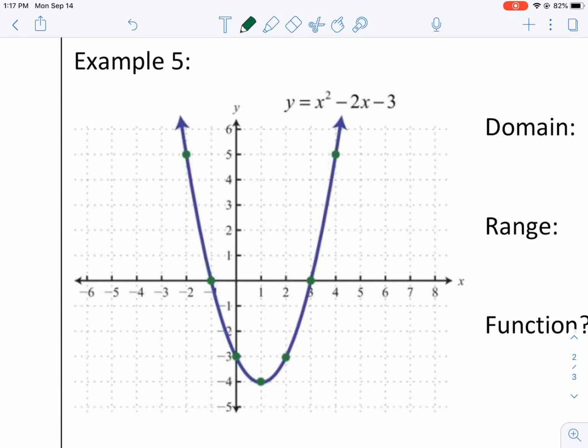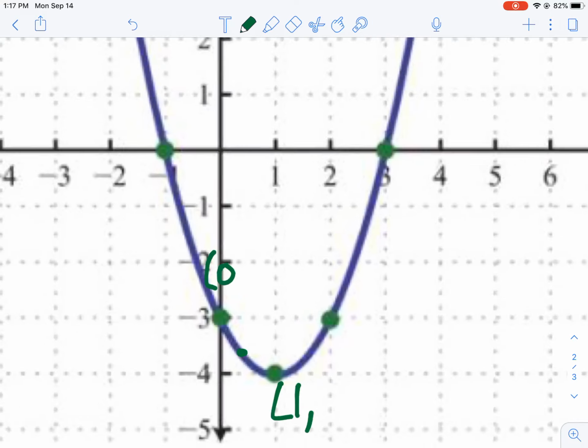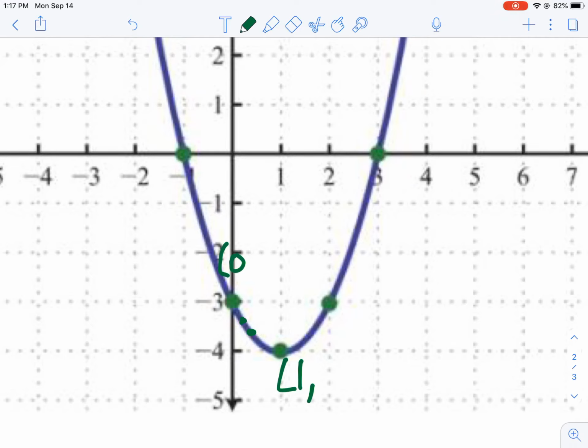So why don't we want to list it out as a set here? Well, the number of x values in this graph is infinite. It would literally be impossible for you to list out all the x values. This x value is 0 right here. This x value is 1, but isn't there a point right here with an x value of 0.5? And isn't there a point right here with an x value of 0.25? And isn't there an x value right here of 0.75?